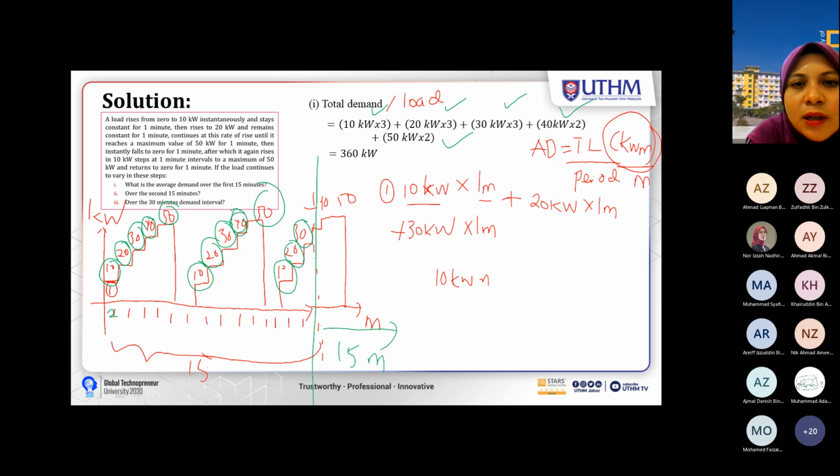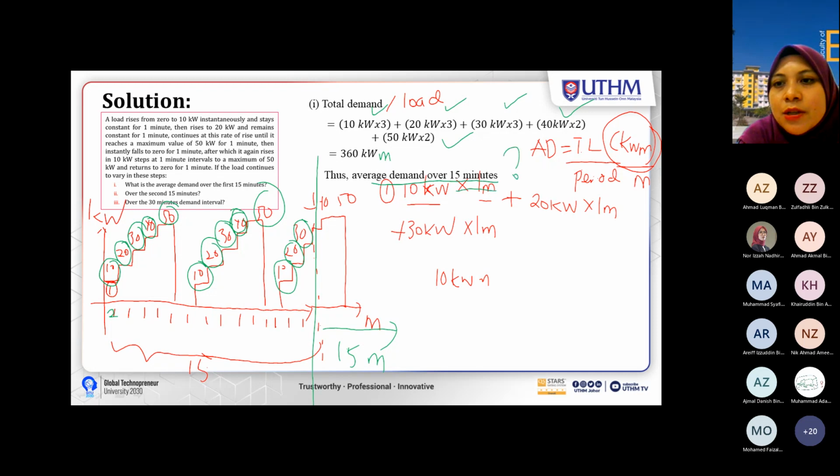So dapatlah total load adalah 360 kilowatt meters. Kita tertinggal, kilowatt meters lah. So you tambahkan 30 campur 60 campur 90 campur 80 campur 100, then you can get 360 kilowatt meters. Then you have to calculate what is the average demand over 15 minutes.